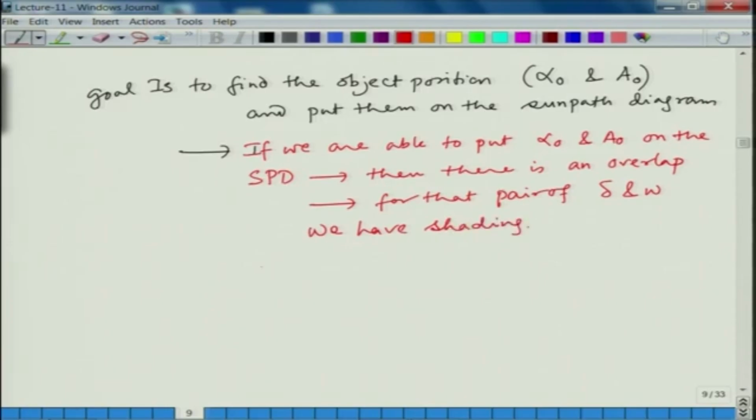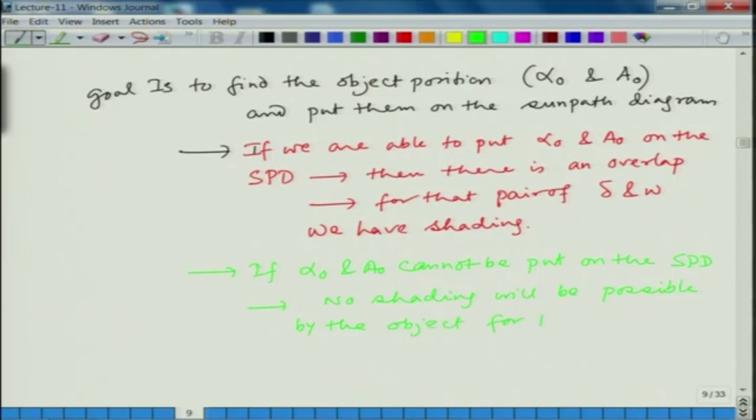Okay. And if alpha naught and A naught cannot be put on the sun path diagram, then no shading will be possible by the object for that particular pair of delta and omega.